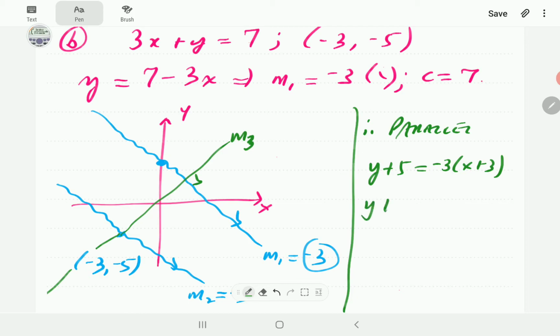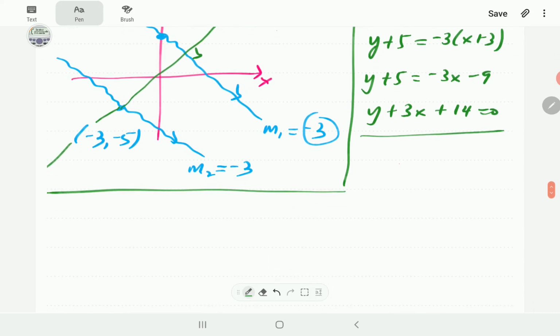So we have y plus 5 is -3x minus 9. So that's going to be -9 there. Bring everything to the same side. So this is going to be plus 14 is equal to 0. That is going to be the equation of the parallel line.